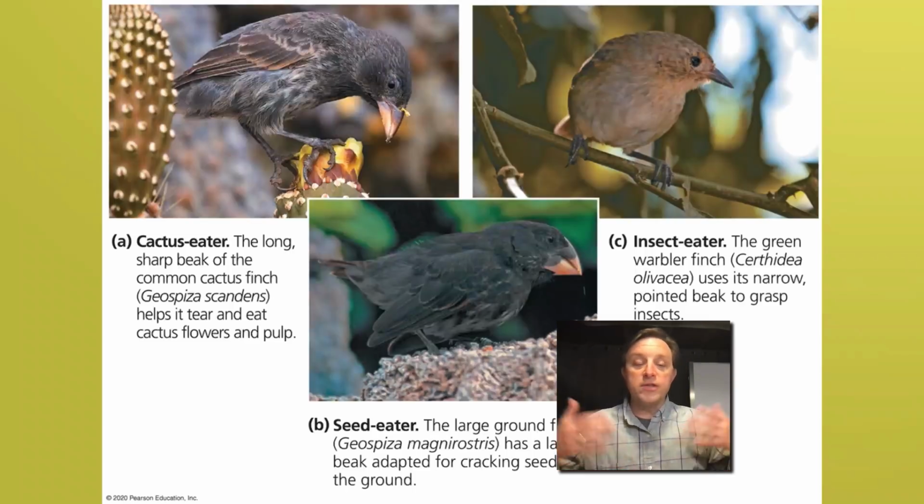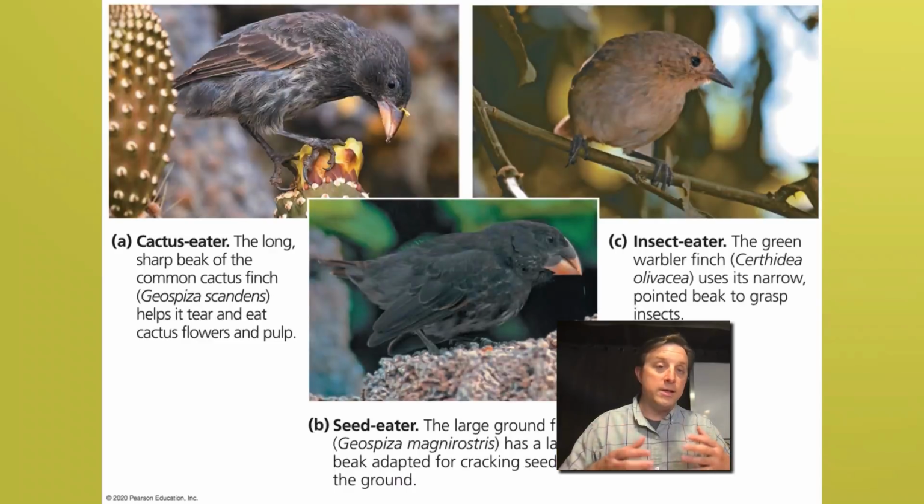So he saw this interplay between the environment and the traits that the animals expressed. He came up with this idea of natural selection, that the environment is determining these favorable traits, and they tend to be passed on from one generation to the next.